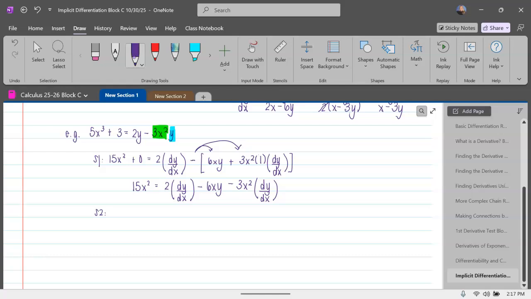All right, now we do everything else the same. Step 2. Get all terms with dy/dx to the left-hand side. And all terms without dy/dx to the right-hand side. Okay? Now we're going to isolate dy/dx by factoring out dy/dx.